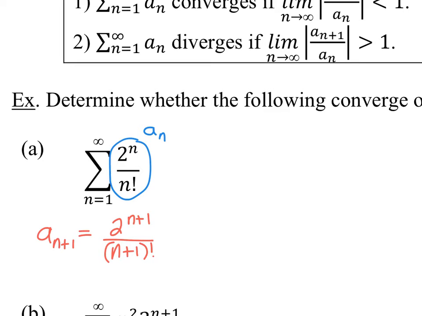Now, recommendation, simplify this or clean it up algebraically now, and then create your ratio. So, what do I mean by that? You have a sum in an exponent. A sum could be broken up as a product of two exponentials. So, instead of writing 2 to the n plus 1, I'm going to break that up into 2 to the nth times 2 to the first, or just 2.